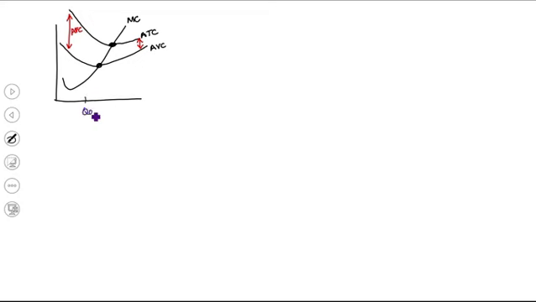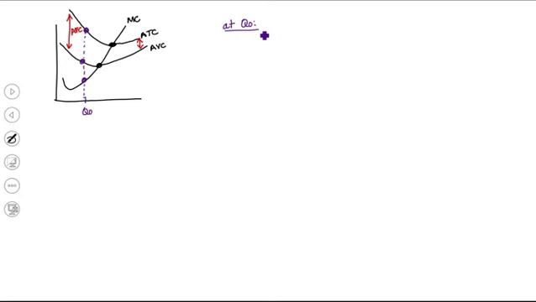output Q0. At Q0, what do we see? We see that what's greater, the average or the marginal? Let's just look at average total cost. Which is greater, average total cost or marginal cost?